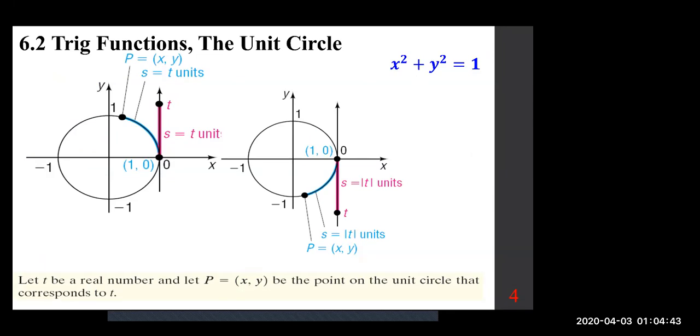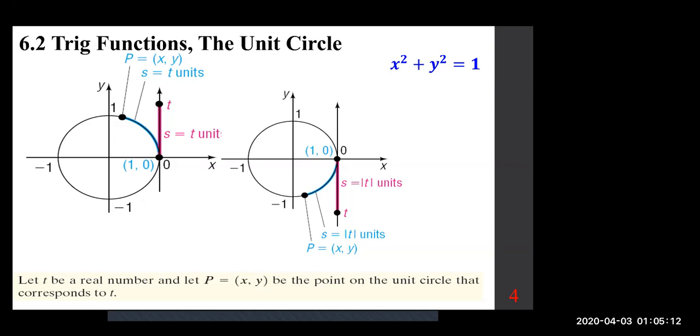As far as definition is concerned, everybody remembers the general formula for a circle centered at the origin, which is x squared plus y squared equals r squared. If the radius is 1, then we call it a unit circle, in which case the formula becomes x squared plus y squared equals 1.